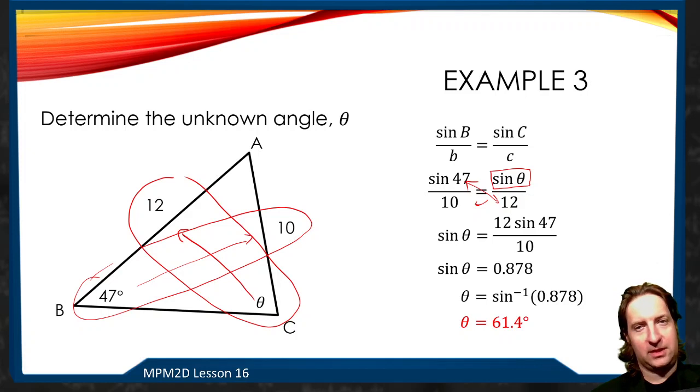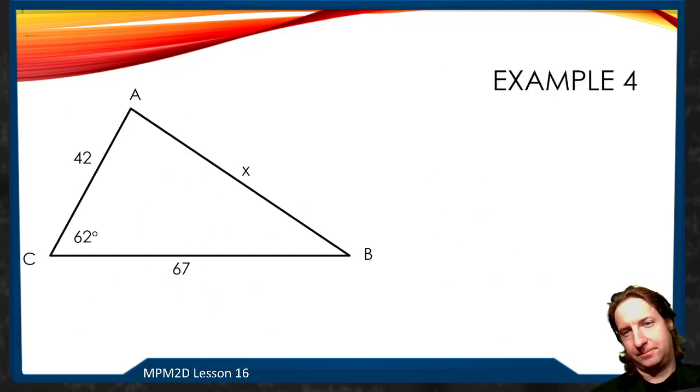The only thing you do is at the very end, we have to take the inverse sine of our answer. Right? We end up with this expression. Instead of just x equals something, we get sine of theta equals something. And then we have to do the inverse sine to get our final answer. And again, we should just look at our picture. Does that make sense that this is 60? Yeah, we're good.